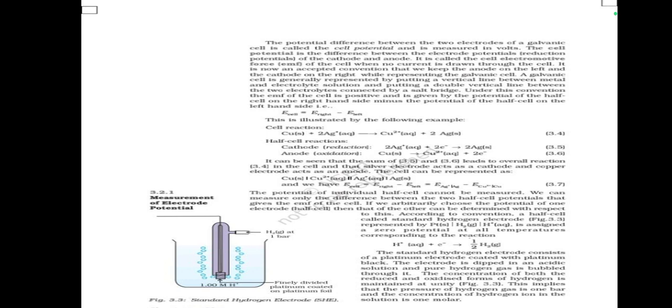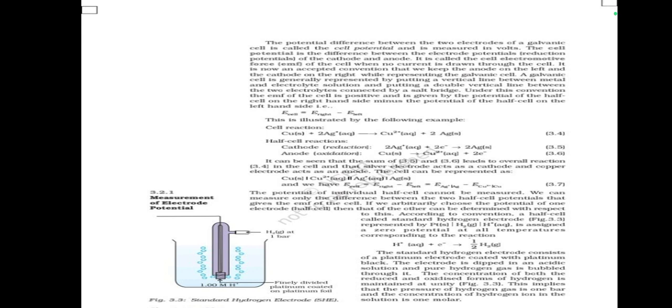It can be seen that the sum of 3.5 and 3.6 leads to the overall reaction 3.4 in the cell, that the silver electrode acts as the cathode and the copper electrode acts as the anode. The cell can be represented as, we have E cell is equal to E right minus E left.